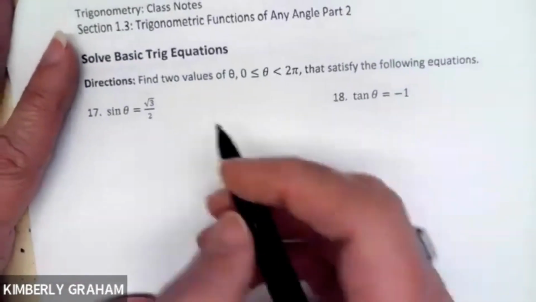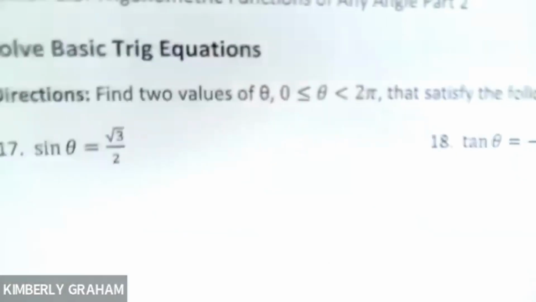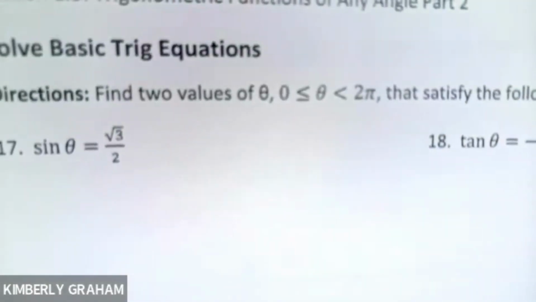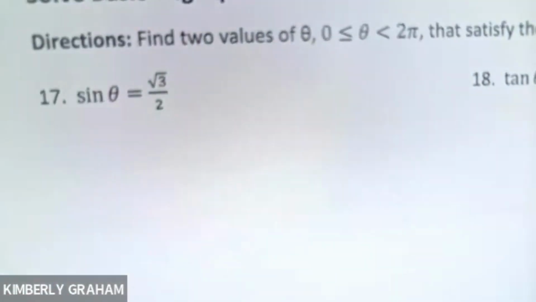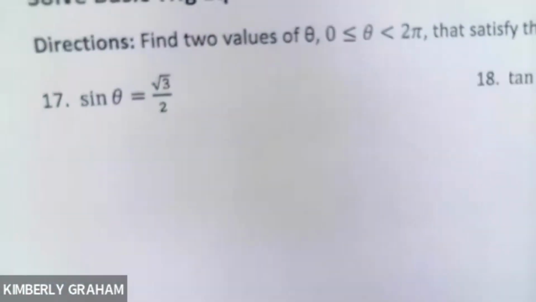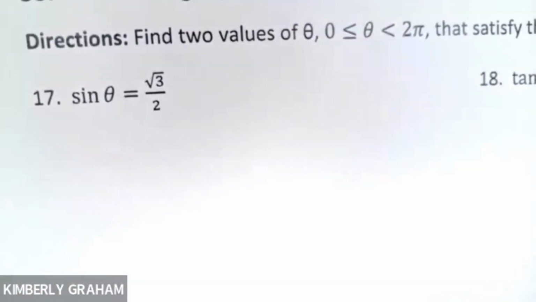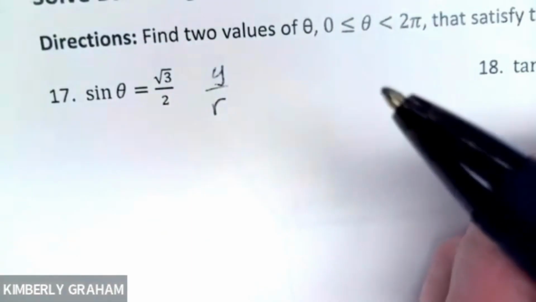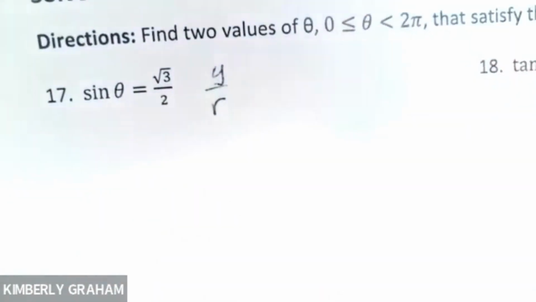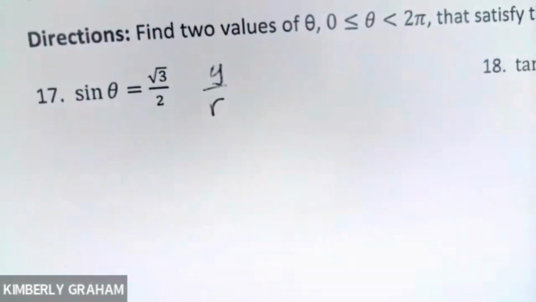So I want us to look at the circular definition of sine theta, which is y over r. My y value is positive here.